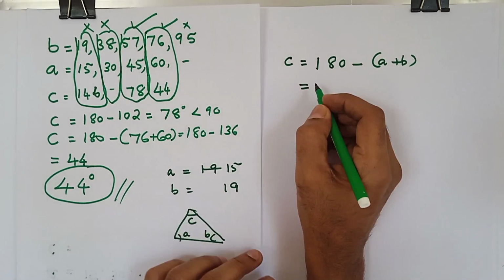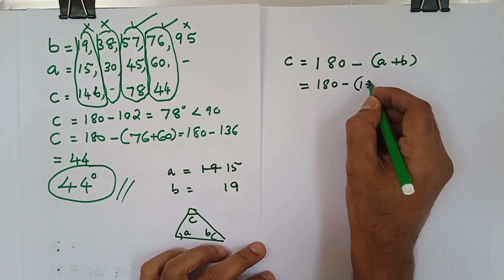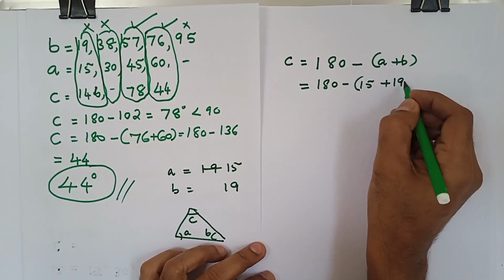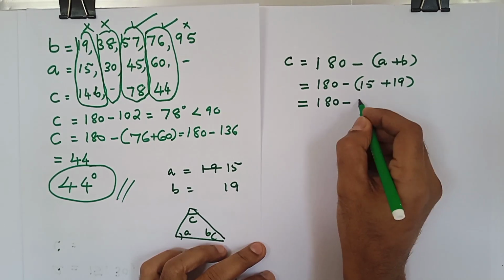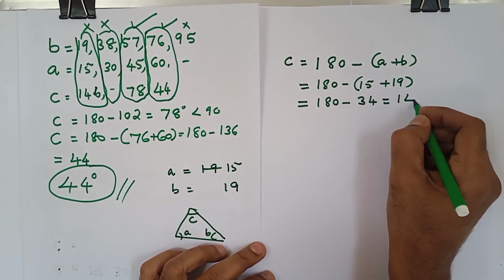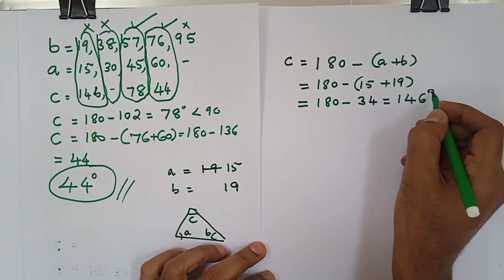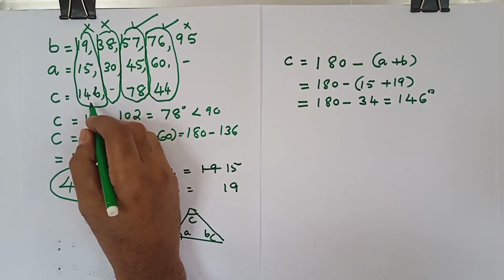Now substitute those values here. 180, A is 15, B is 19. So 180 minus 34 is equal to 146 degrees. That's how I wrote 146 here.